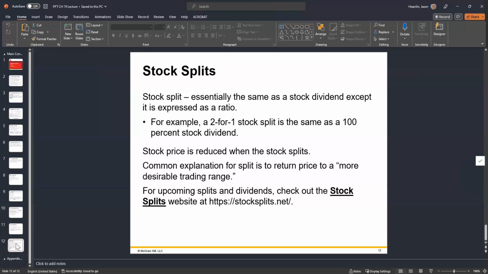When you do a stock split or stock dividend, the company is still worth $10 million, but now you have 2 million shares outstanding because you doubled it, a 2-for-1 split or 100% stock dividend. You still have the $10 million, but now it's divided by 2 million. So the stock price is going to go down to $5. But now you have twice as many shares. That's the reason to do that. It's a different class, but that's what happens.